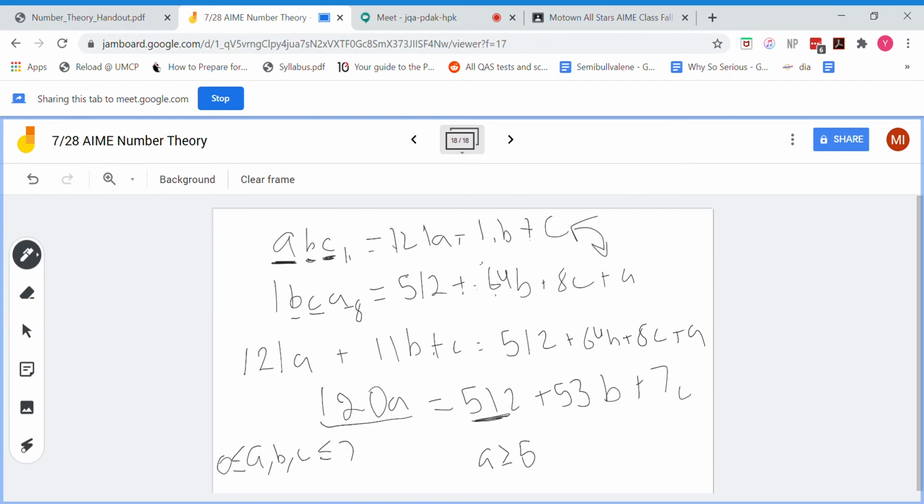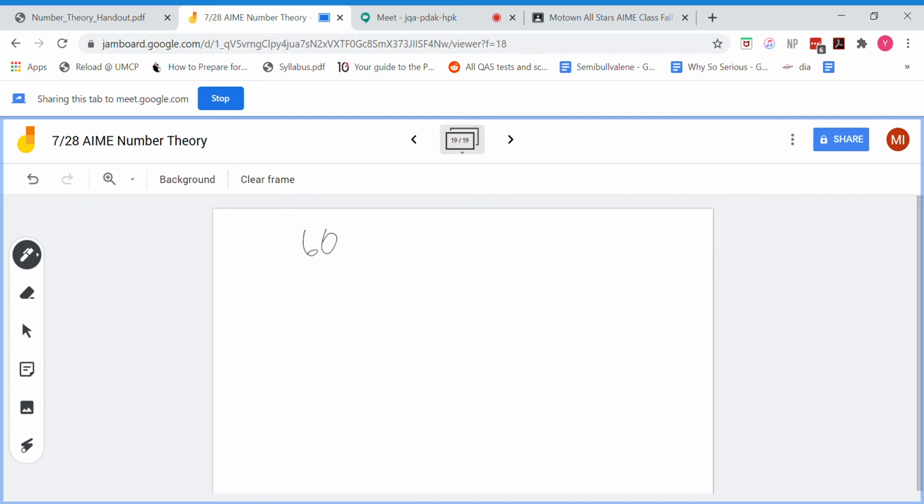Right? So if we start with minimizing A, let's just try A equals 5. This gives us 600 equals 512 plus 53B plus 7C. And so this gives us 88 equals 53B plus 7C. Alright, so now we've fixed A, so let's minimize B next. If we try B equals 0, that doesn't work.